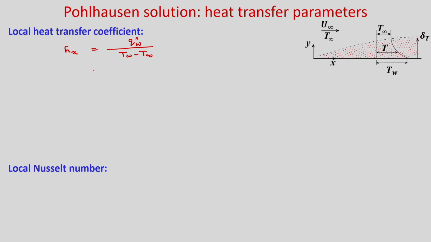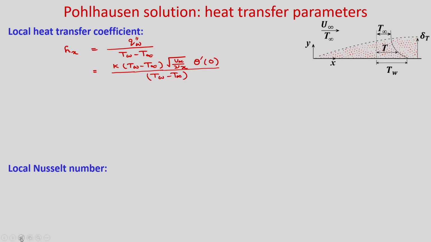So, q double prime w we have just calculated: k (Tw minus T infinity) root of u infinity by nu x theta prime 0, divided by (Tw minus T infinity).